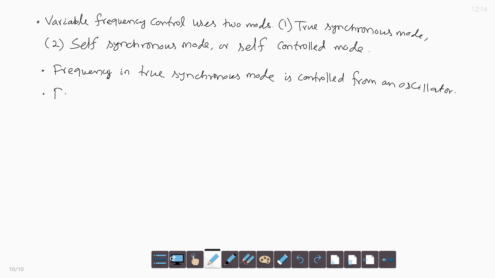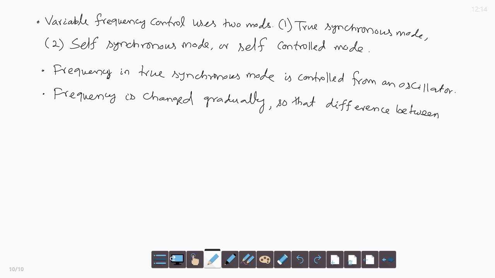Further, in true synchronous mode, frequency is changed from the initial value to the final value gradually, so that the difference between synchronous speed corresponding to the frequency and rotor speed is always small, maintained at a small value.